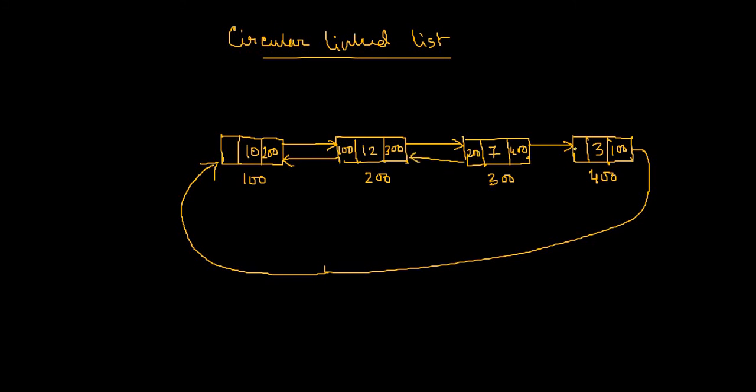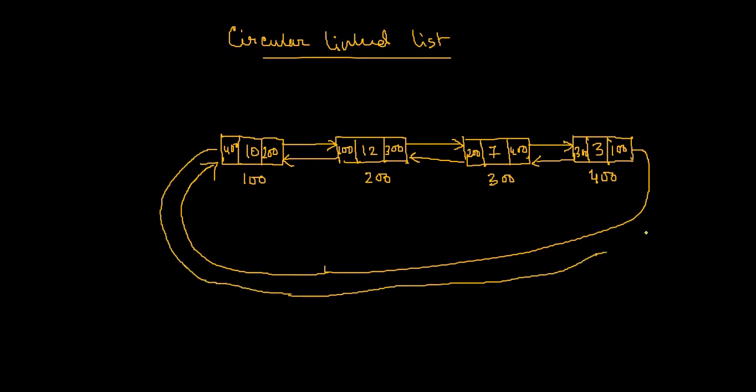This particular node contains 300, fine, pointing to this node. And what about this? This particular node will contain the address of the last node, that is 400. So this node will point to this node, something like this. So that is the difference only.